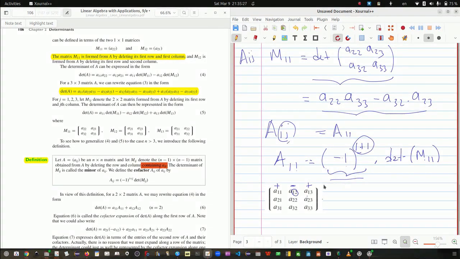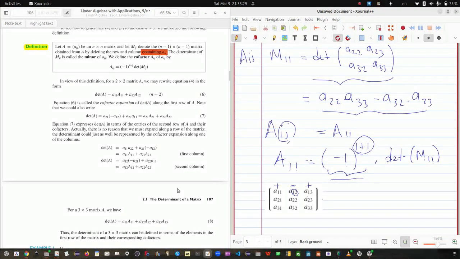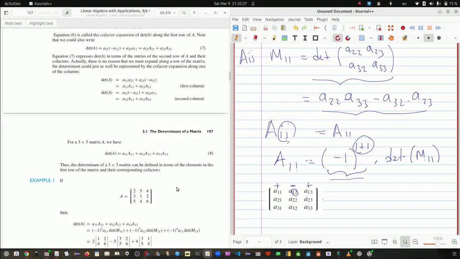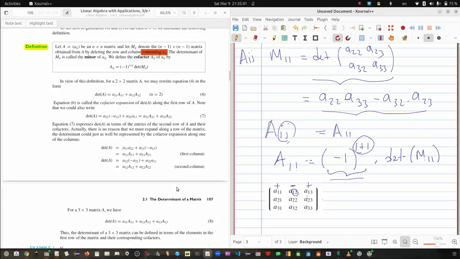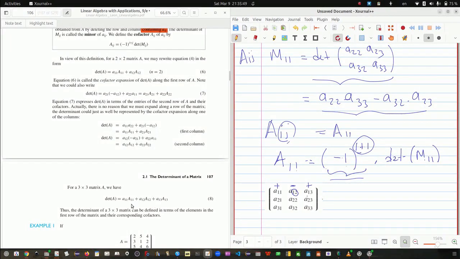So when we are talking about the determinant of A in general, there should be a definition somewhere here. It's here. Let me take this screen to the outside.